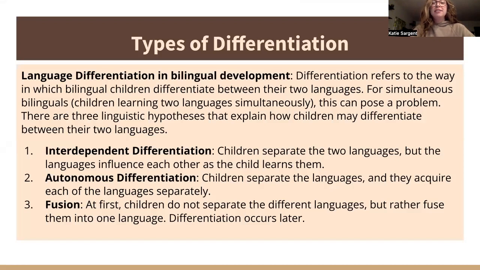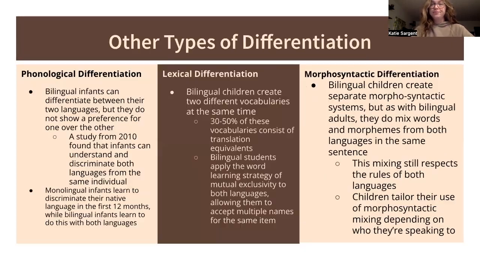In interdependent differentiation, children separate the two languages, but the languages influence each other as the child learns them. In autonomous differentiation, children separate the languages and they acquire each of the languages separately. In the hypothesis of fusion, at first, children do not separate the different languages, but rather fuse them into one language, and differentiation occurs later.